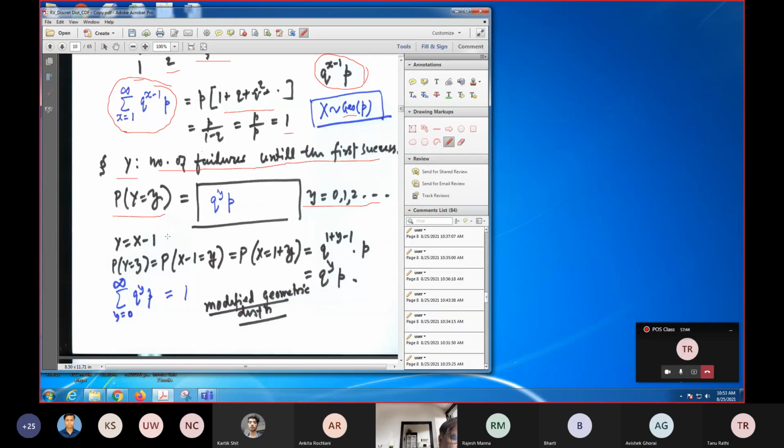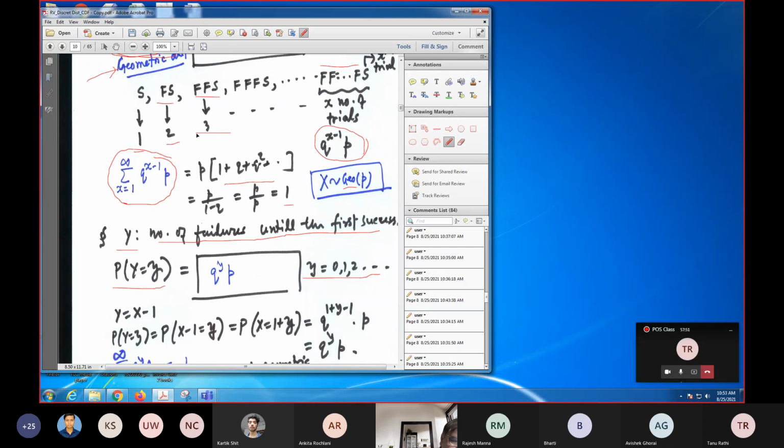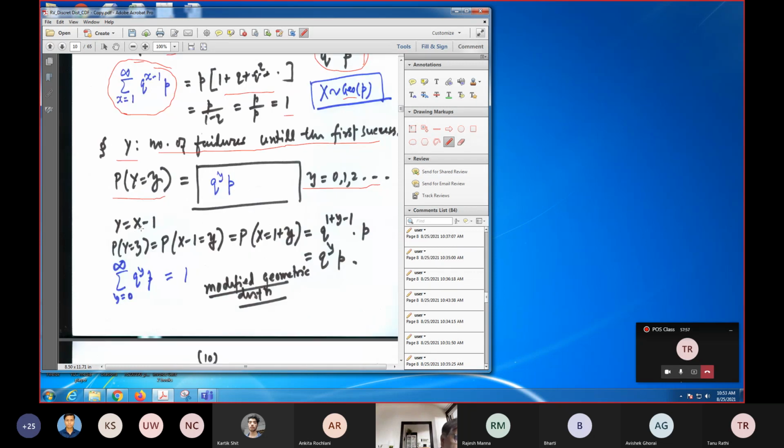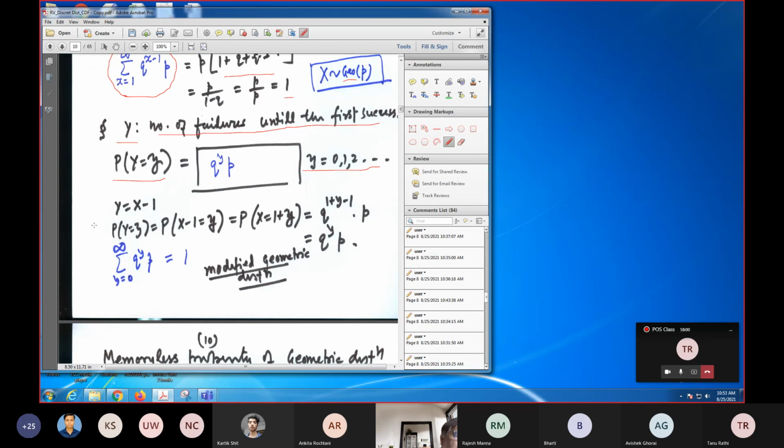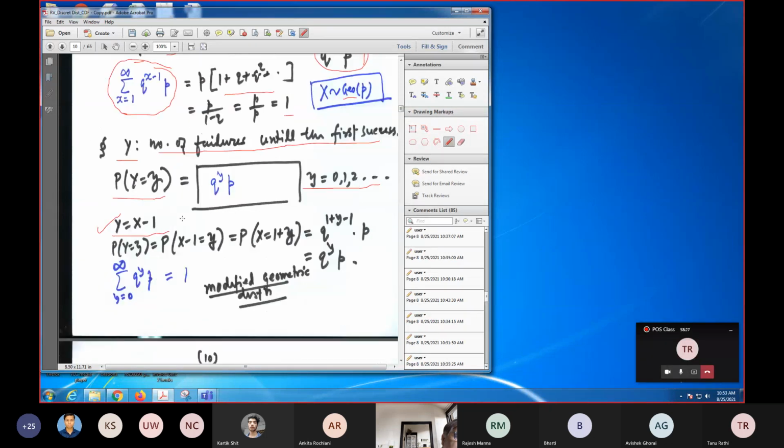Now, as you can see, the distribution will be Q to the power Y into P. You can obtain it from the previous one. What is Y? Y is X minus 1. The number of failures is equal to the number of trials minus 1. In this example, you perform 2 trials, 2 minus 1; 3 trials, 3 minus 1, 2 failures.